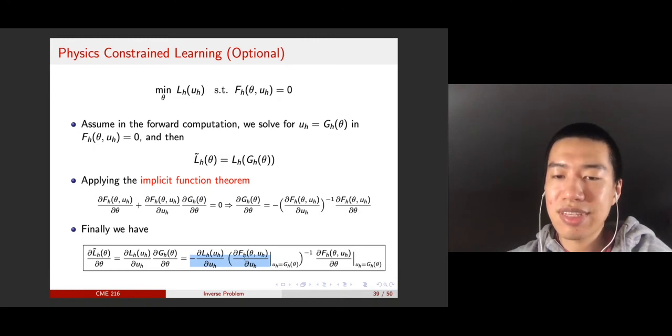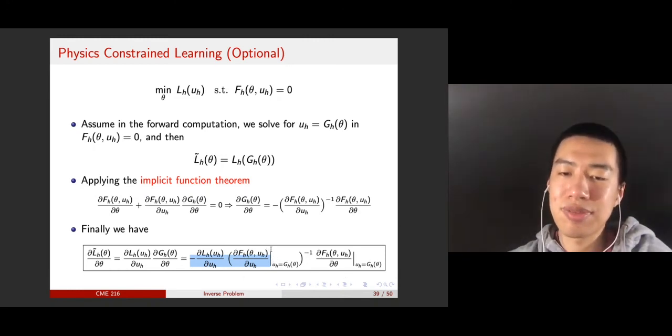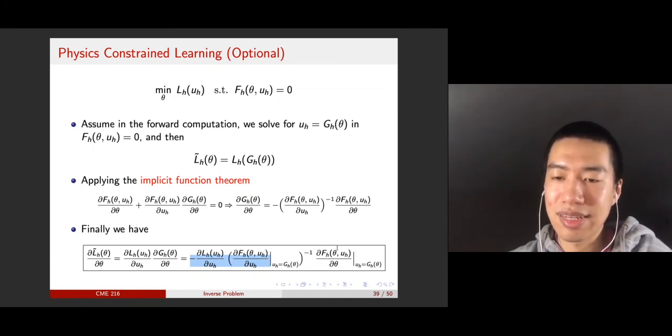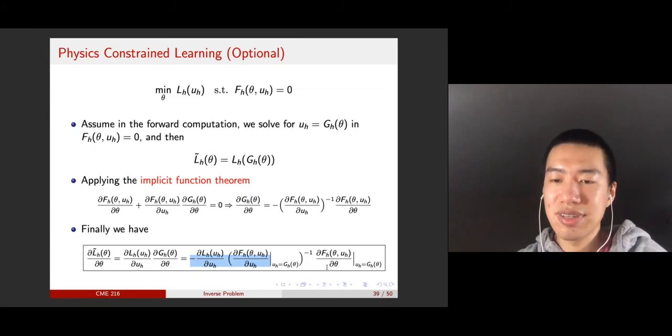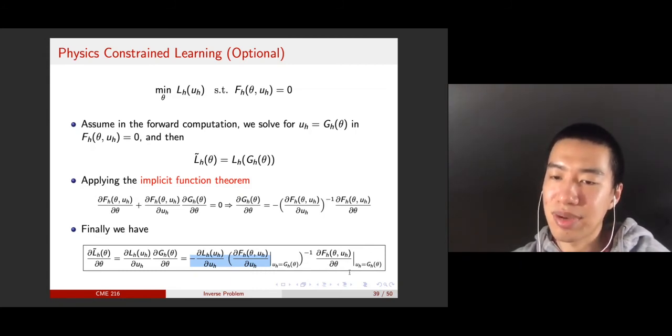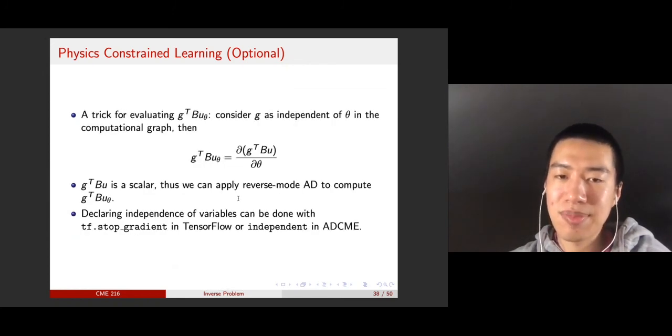Then you do an inner product of this vector with this vector, because this is actually a matrix now, and instead of computing the matrix vector product, you do a similar trick here.